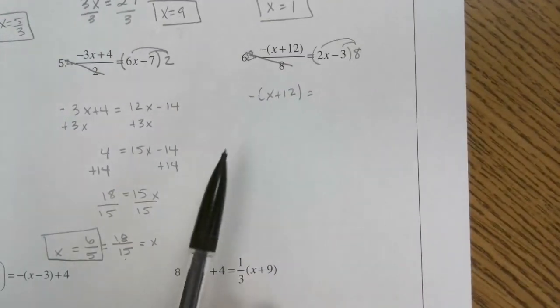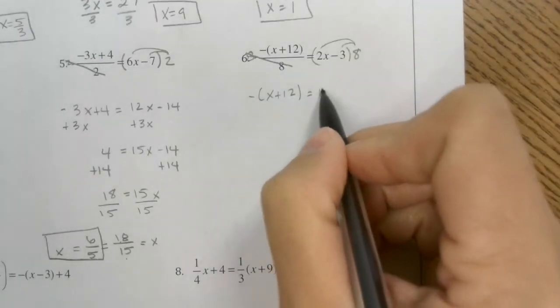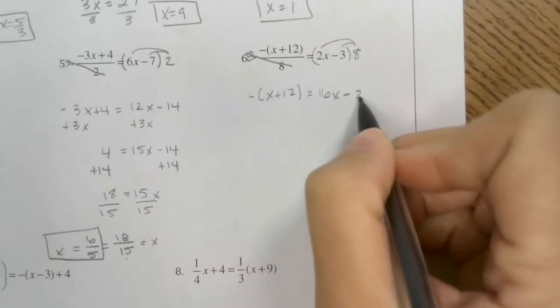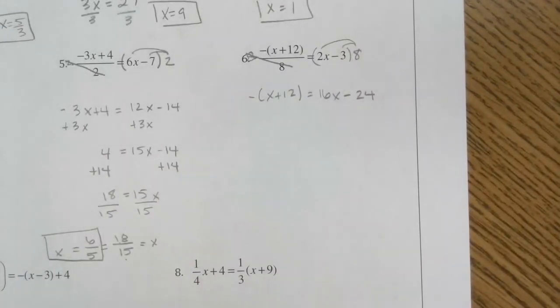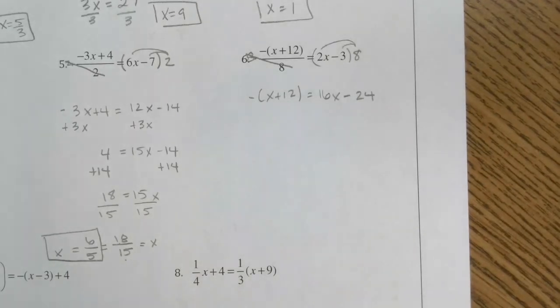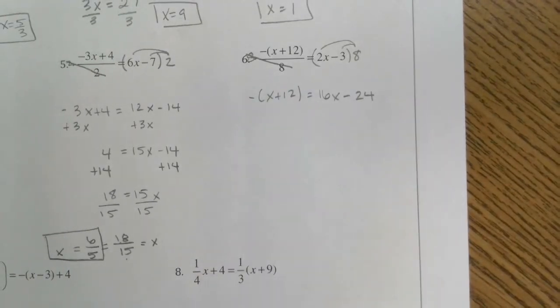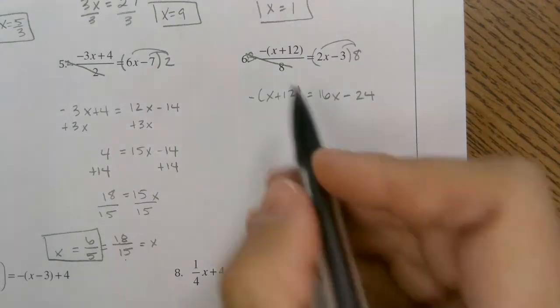Be really careful that you don't miss this negative. 8 times 2, we get 16x there, and 8 times negative 3, we get negative 24. Okay, now this one looks a little interesting. We always want to make sure that we get rid of those parentheses.